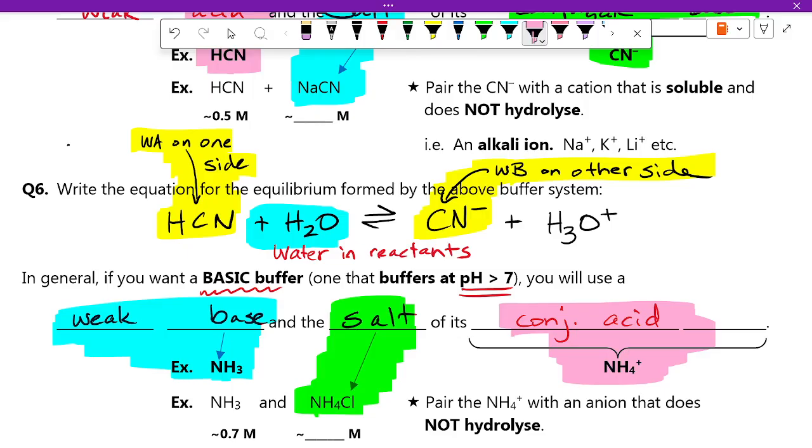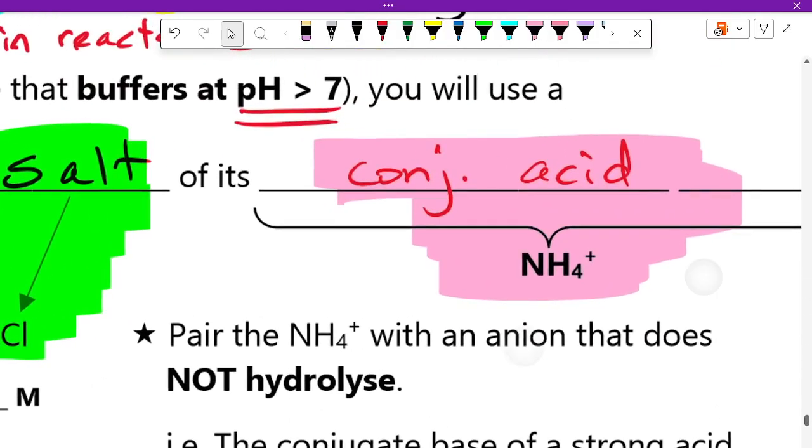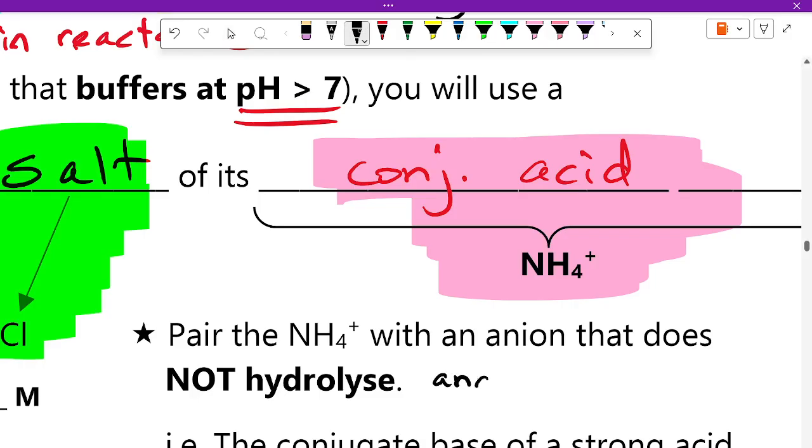And we need to pair our conjugate acid in order to make it a salt. We need to pair it with an anion that does not hydrolyze and is soluble. Who is a good anion that does not hydrolyze and is soluble? Nitrate is good.